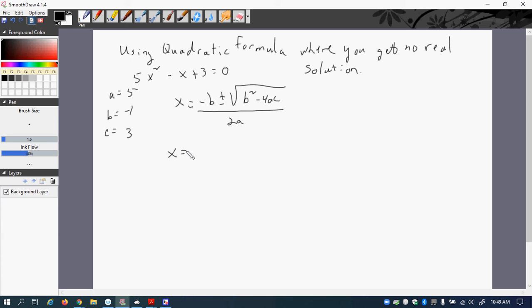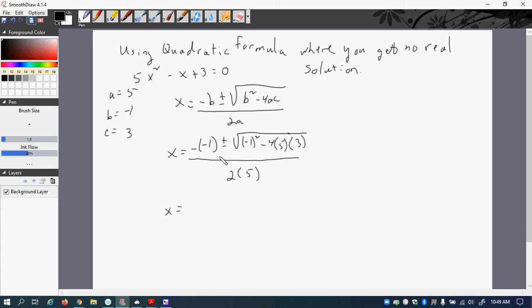So that's going to be a negative of a negative 1 plus or minus the square root of negative 1 squared minus 4, right? Minus 4 times the 5 times the 3, and then it's all divided by 2 times 5.